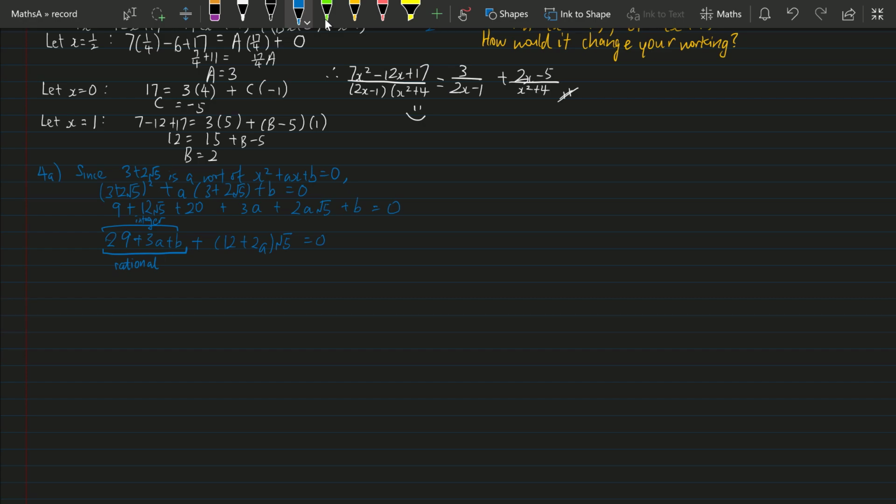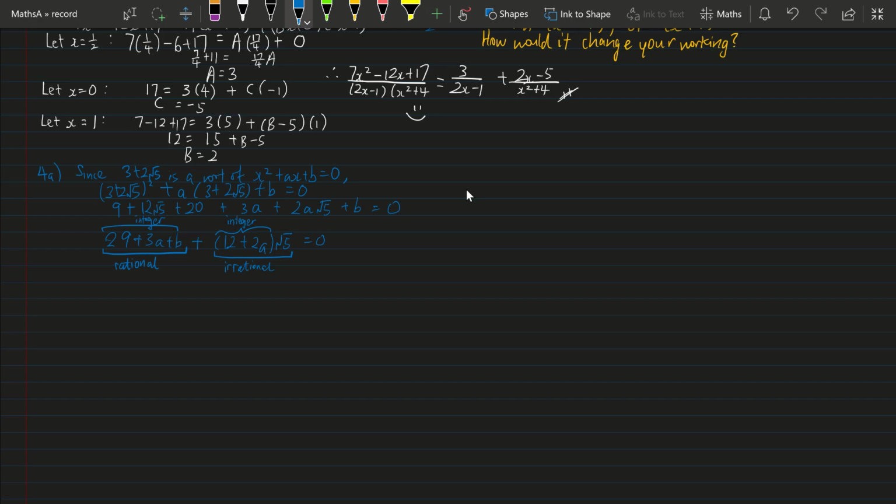But 12 plus 2a times square root of 5 is actually irrational, because square root of 5 is an irrational number. So even if 12 plus 2a is an integer, when you multiply it by square root 5, this is still an irrational number.